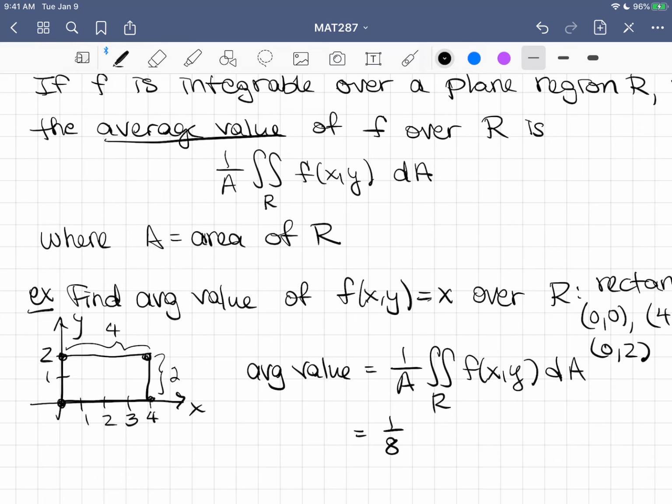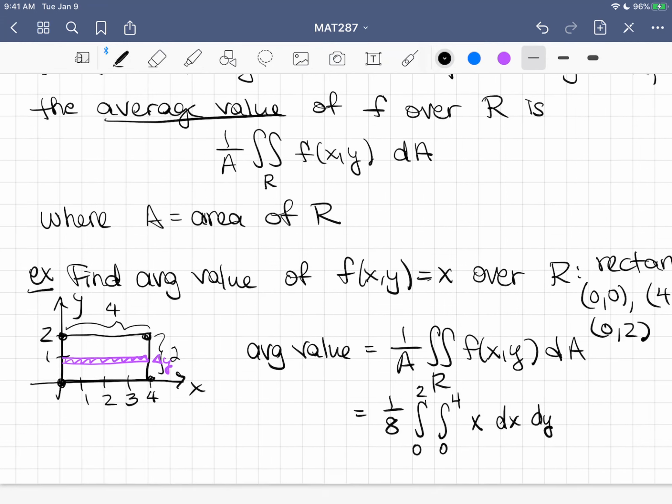When I integrate over a rectangle, I can use my region as vertically simple or horizontally simple. Let's go this way. Here's my delta y. So x is going to run from 0 to 4. f of x y is x, and that's dx. And then y is going to run from 0 to 2, dy.